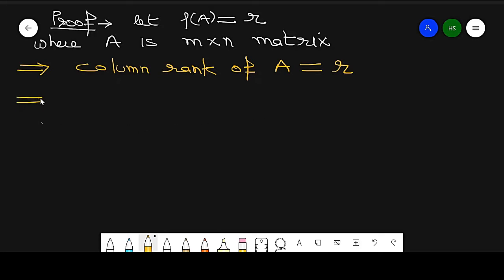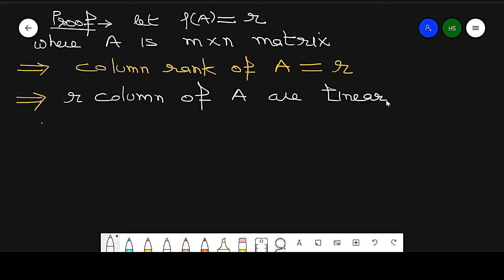It implies r columns of A are linearly independent. Now A has n columns, from which r are linearly independent.